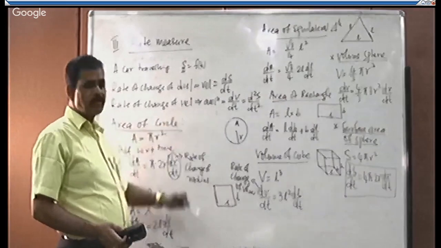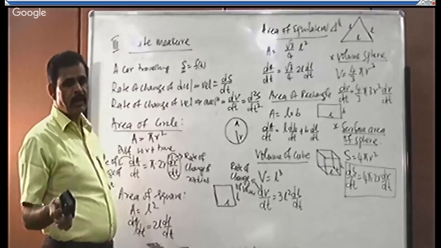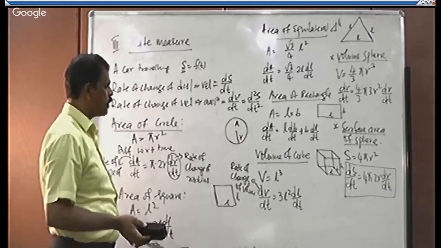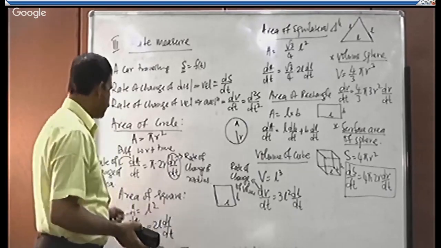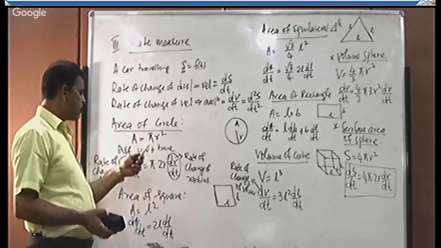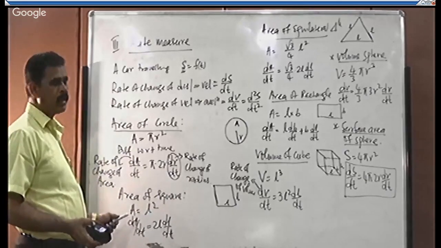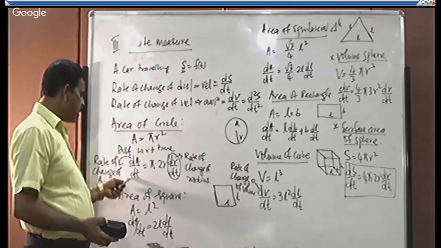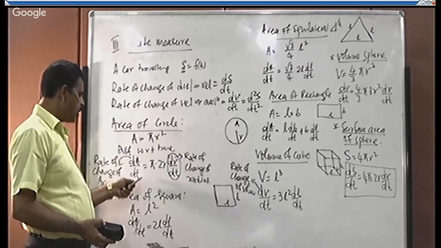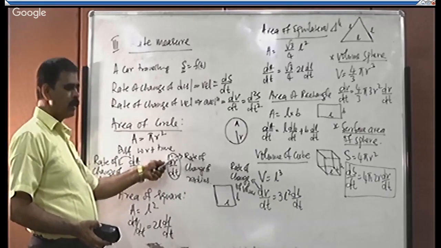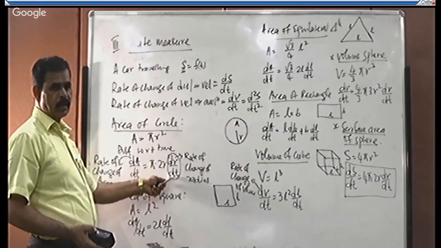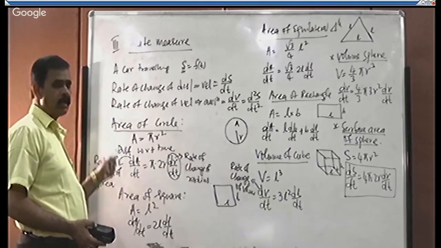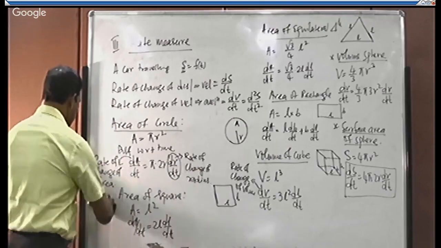So at a particular given time, you will get a certain value of acceleration. That is instantaneous acceleration, right? How will the problem be given in these variations? Suppose I take area of circle, they will give you rate of change of area along with the radius. You should calculate dr by dt. Otherwise, if they give dr by dt and r, you should calculate dA by dt. Right? This is very simple.